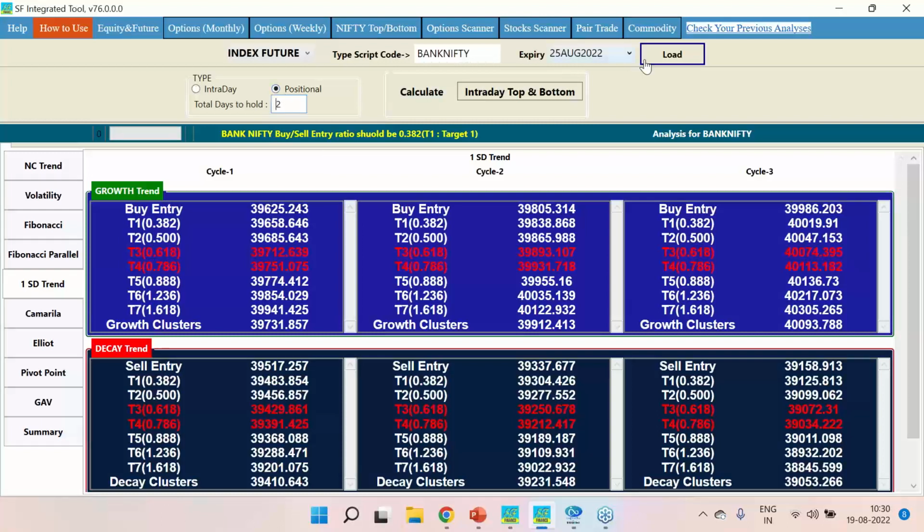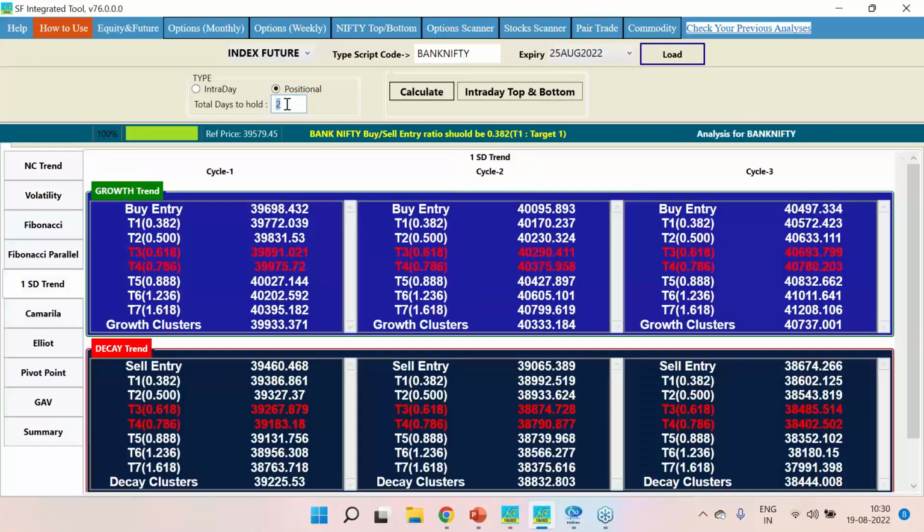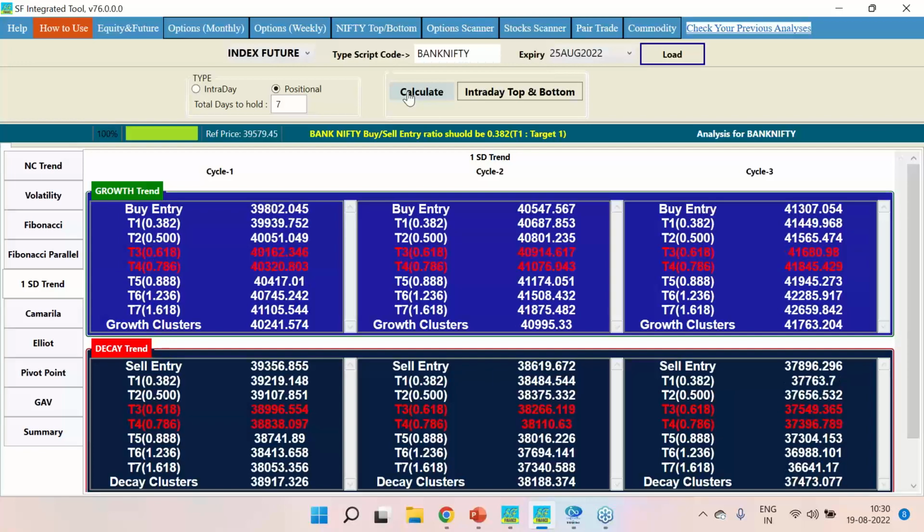Post market hour, load the data, post 3:30, use the positional feature here, use number of days as 7, and use calculate. So this will give you the weekly level of Bank Nifty from the next Monday to Thursday.